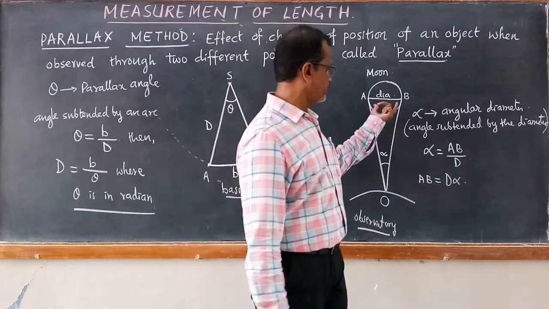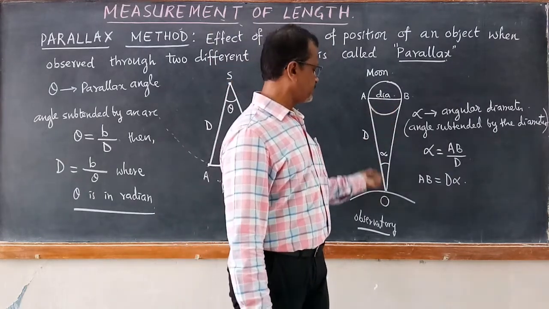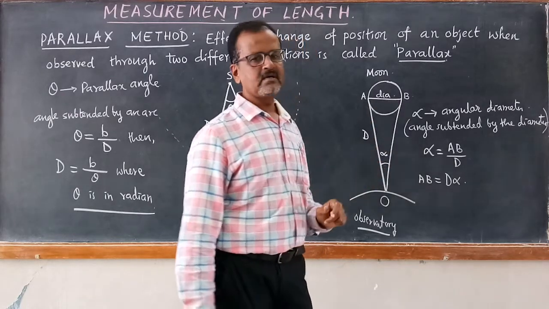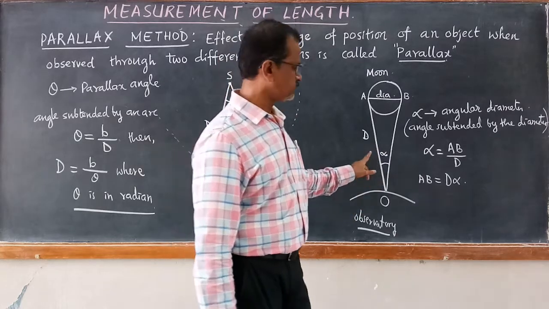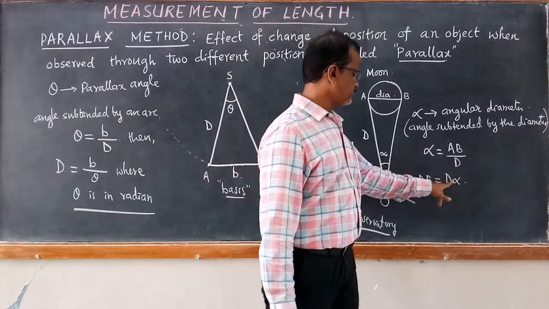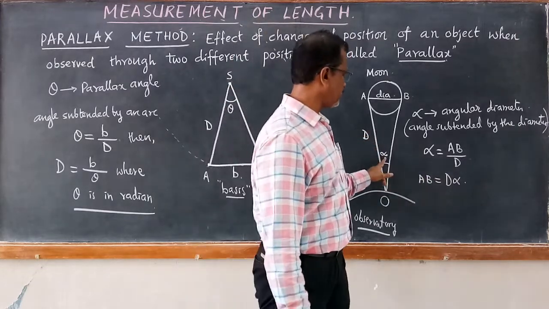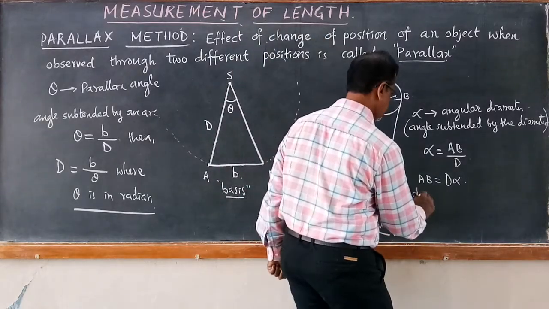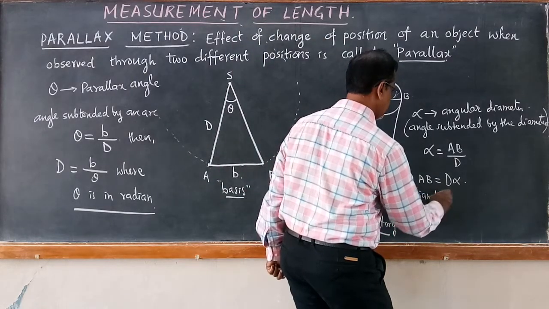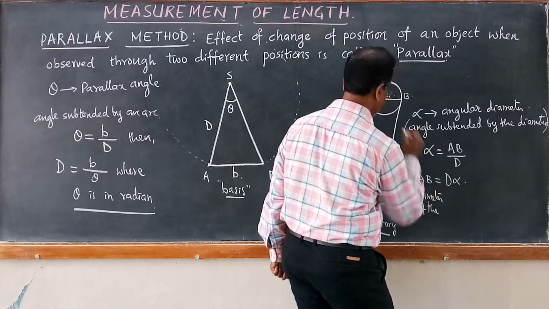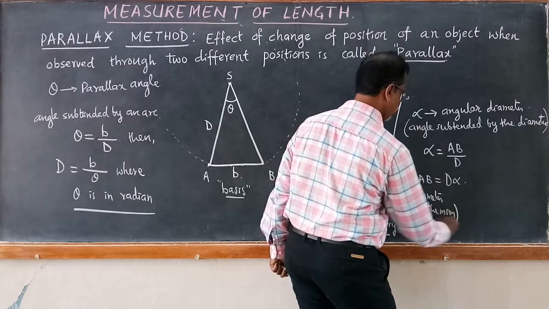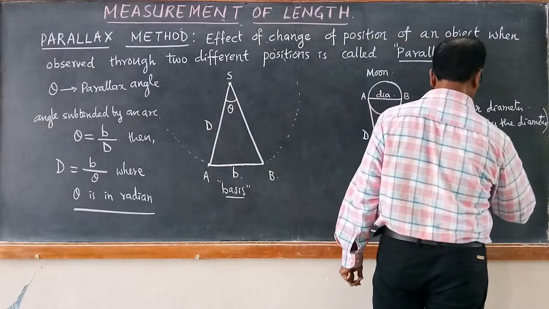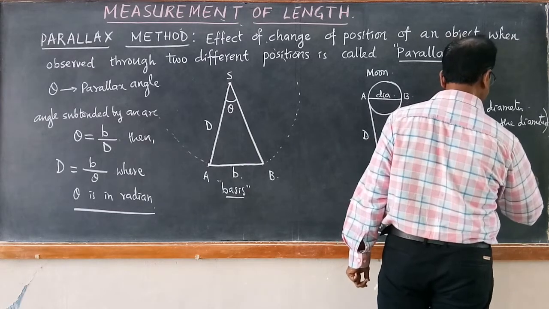Or if you know the diameter of moon already, then one can measure the distance of moon by the help of this angular diameter alpha. So with the help of alpha, we can measure the distance d. With the help of alpha, we can measure the diameter of the moon. So this gives us diameter of the moon in this case. I have taken the example of moon. Or if you want to find out the distance, then distance is equal to AB by alpha.